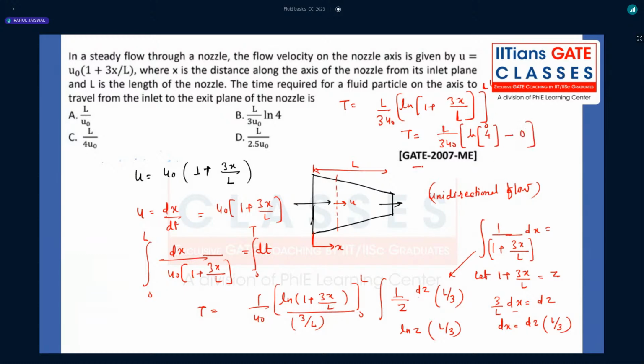So finally, the answer is L divided by 3 u naught ln of 4. B will be correct.